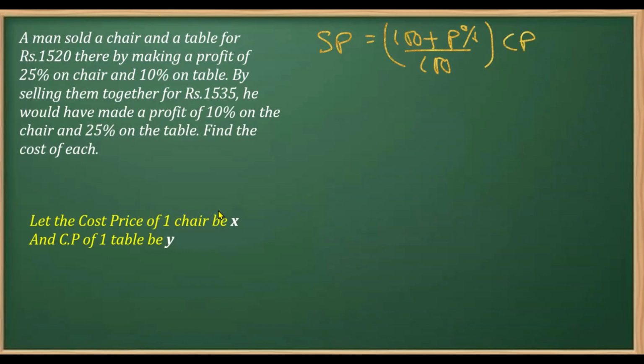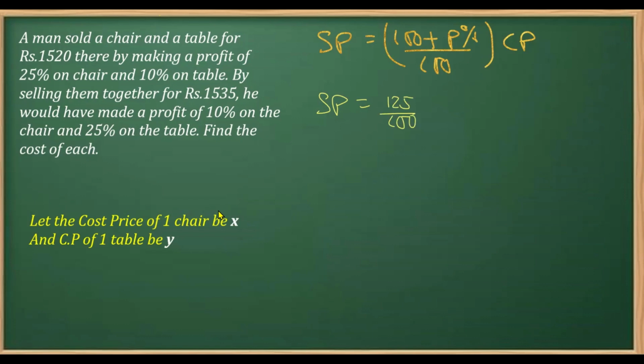According to the question, the selling price of the chair will be, since he's making a profit of 25% on the chair, 100 plus 25, that is 125 over 100 into CP, and CP is X here.